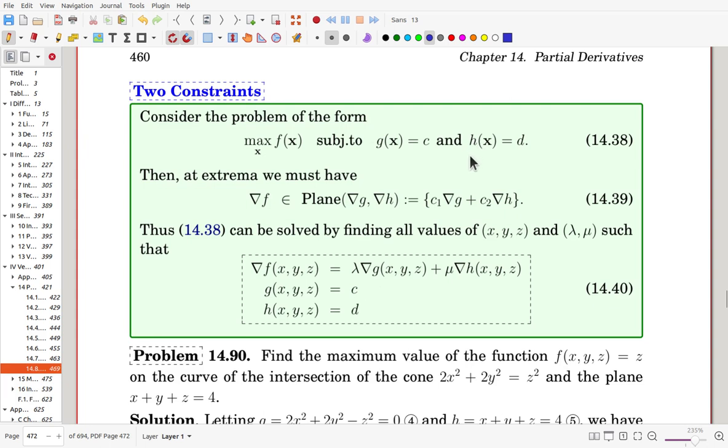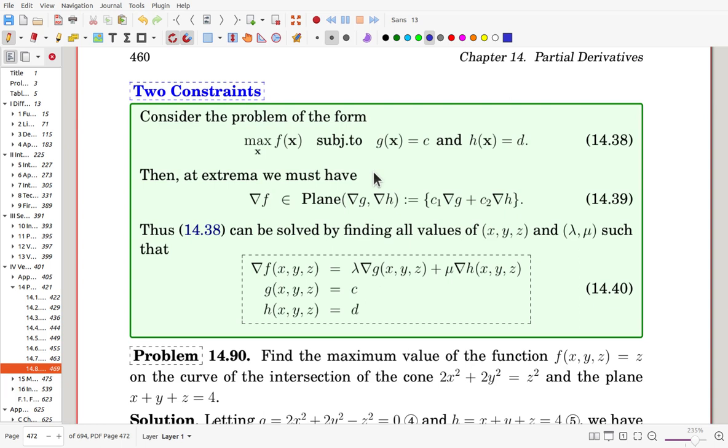The same idea will be used for many constraints. The problem is the maximization of f of x subject to g of x equals c and h of x is d. Now, if we try to use the method of Lagrange multipliers, then we observe this.